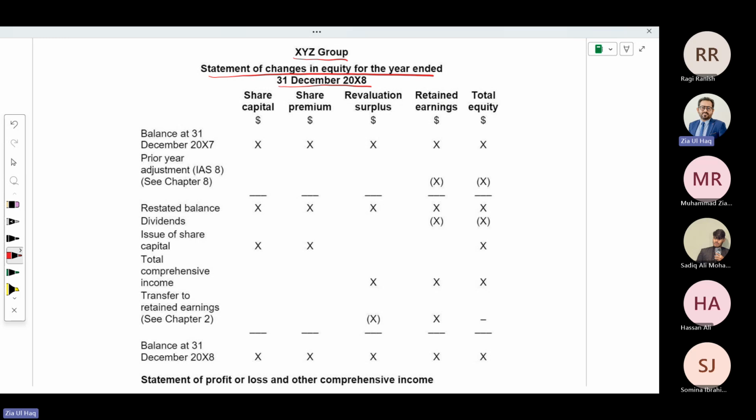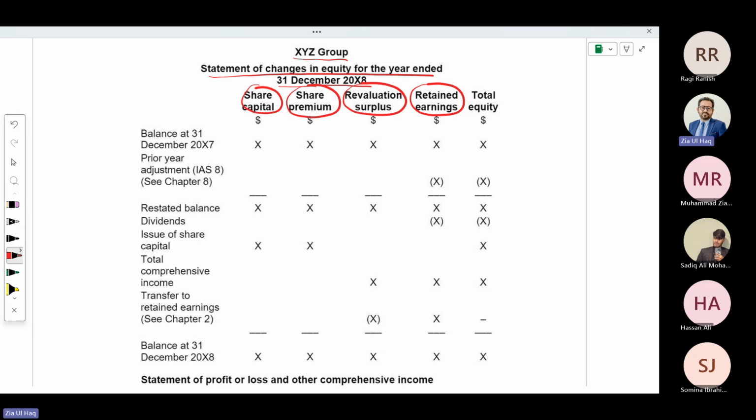There are 4 components of statement of changes in equity. One is called share capital. Other is called share premium. Other is called revaluation surplus. The 4th component is retained earnings. We need to prepare 4 columns: one for share capital, one for share premium, one for revaluation surplus, and one for retained earnings.